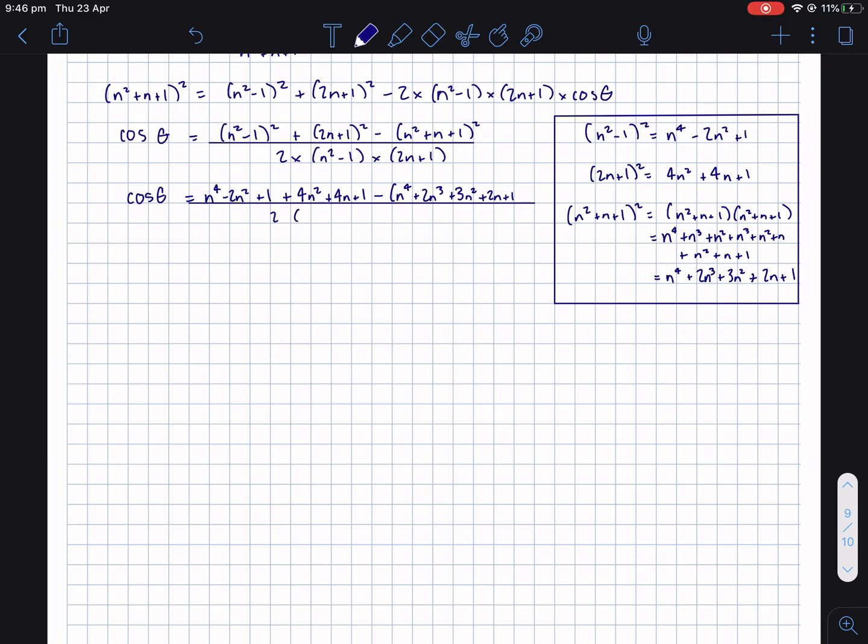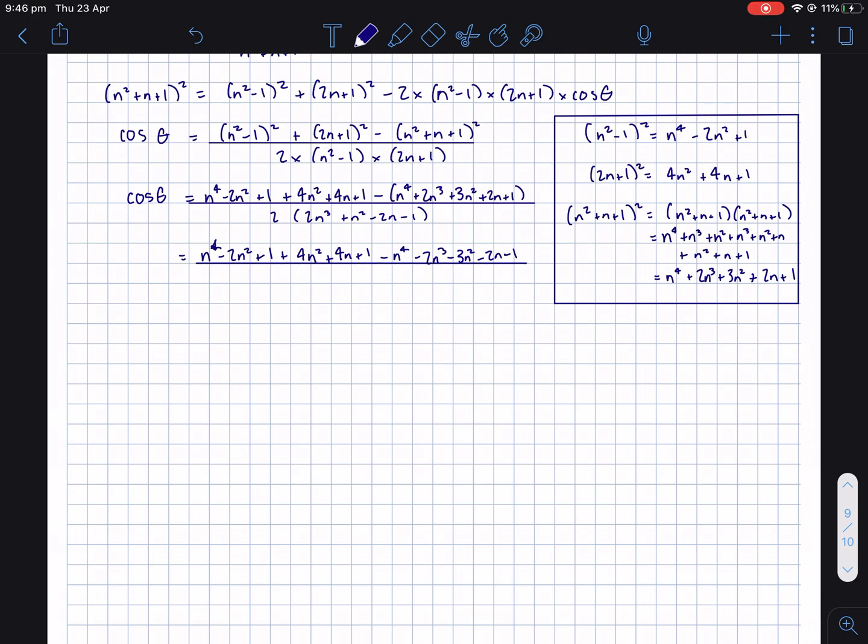2 times, now I'm going to expand these bottom brackets, so that's 2n cubed plus n squared take 2n take 1. So I'm just going to rewrite this top line, n to the 4 take 2n squared plus 1 plus 4n squared plus 4n plus 1 take n to the 4, take 2n cubed, take 3n squared, take 2n, take 1.